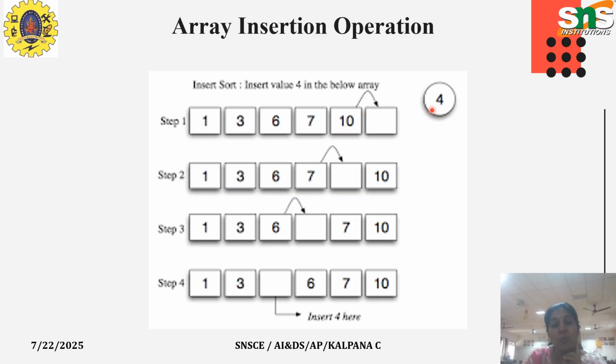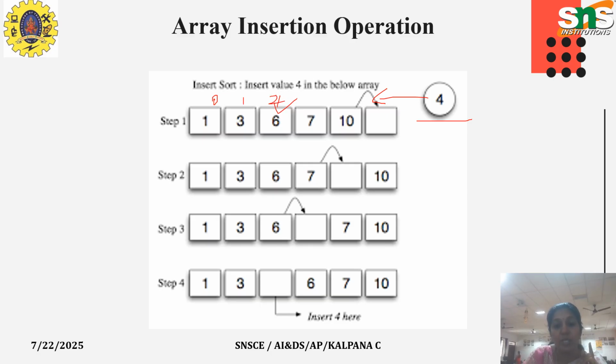Now if I want to insert a new value 4 into this array, consider that I'm going to insert this 4 at location 2, that is 0, 1, 2.